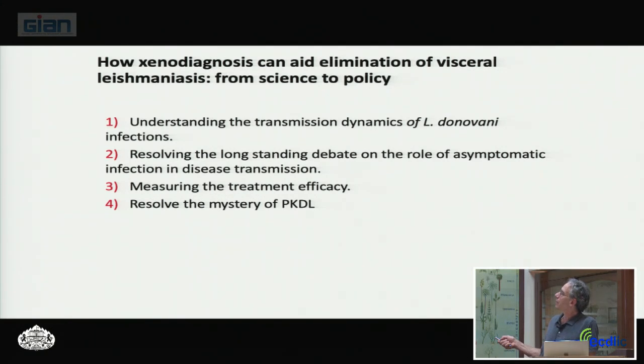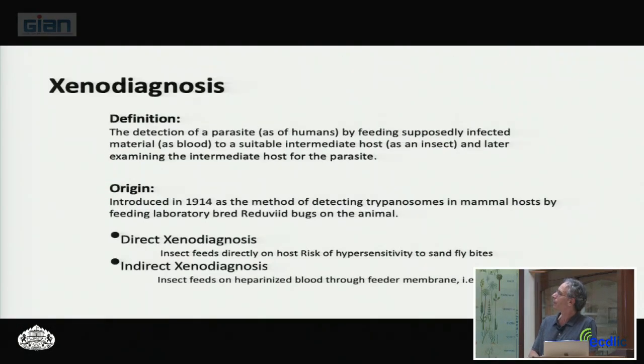It can help understand the transmission dynamics of donovani infection, help resolve the long-standing debate on the role of asymptomatic infection in disease transmission. It can measure treatment efficacy. So after drug cure, do these individuals still harbor parasites that can be transmitted, and resolve the role of PKDL in disease transmission.